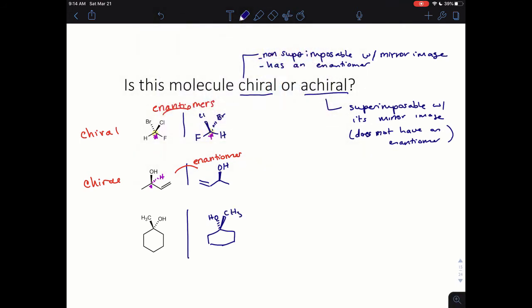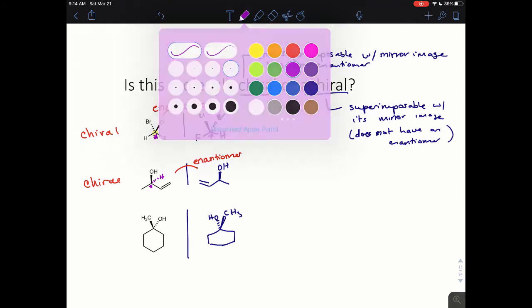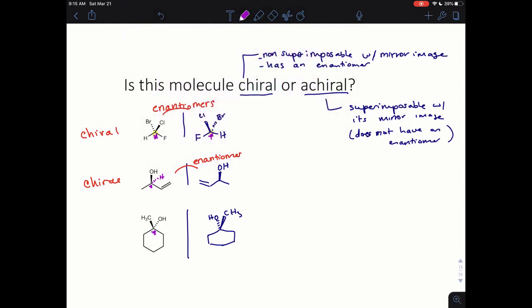And then finally, if we take a look at this last example, it can be tempting to say, hey, this carbon, you've shown stereochemistry, you've shown in and out. Is that a stereogenic center? Well, no, it is not. There are these 2 different groups, methyl and hydroxyl, but look, this part of the ring is exactly the same as this part. In fact, there's an internal mirror plane of symmetry here.